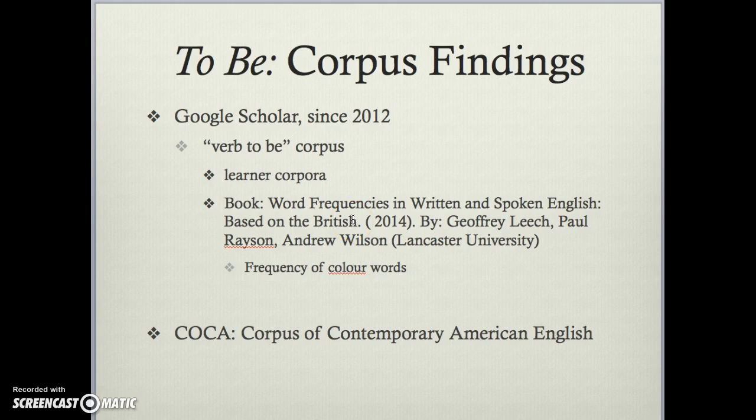I also came across a book that I thought was kind of interesting called Word Frequencies in Written and Spoken English, based on the British National Corpus, published in 2015. I could only see a little bit of the book because there was just a sample that came up linked with the publisher. But one thing I noticed in there, they talked about the frequency of color words, so I thought that might be interesting.